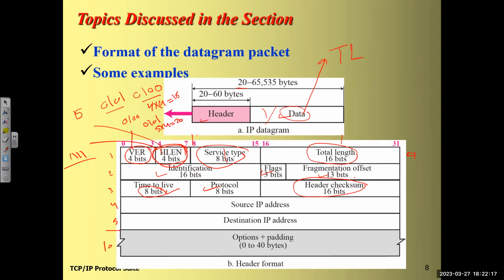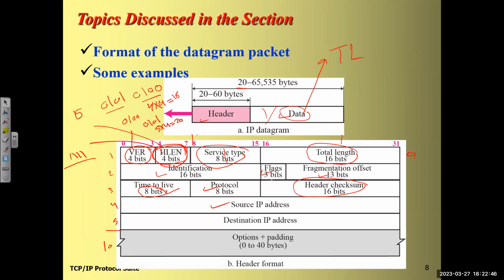If there is any change, it will know something happened during the transmission, only for the header. That's why we say the IP protocol is not reliable, because there is no error check on the data. So if something happened to the data, you cannot tell. That's why you need a higher protocol like TCP or UDP to find if there is any error.